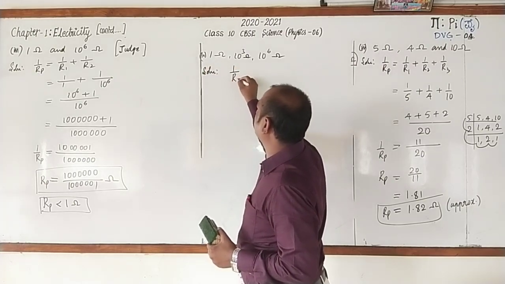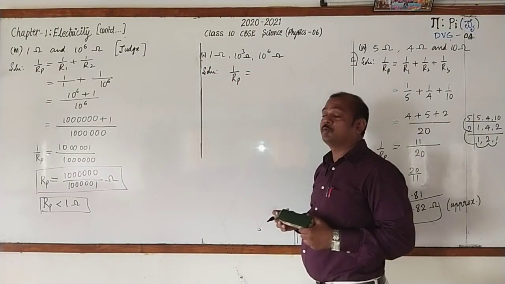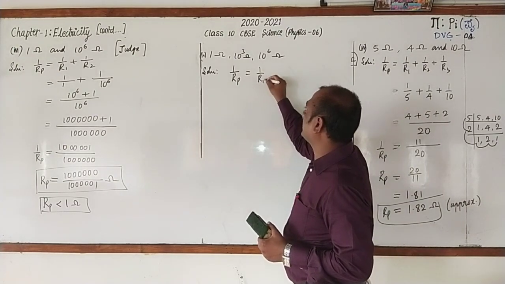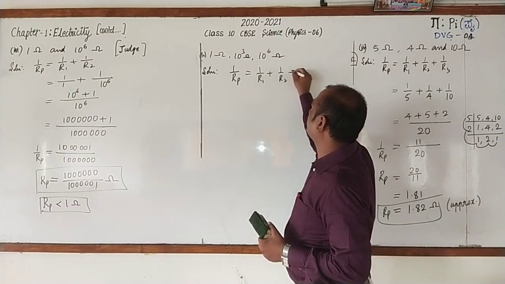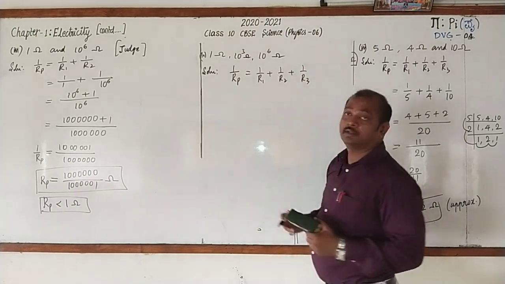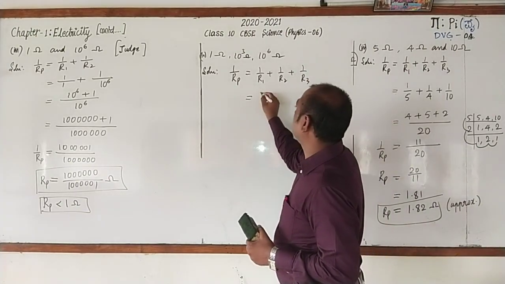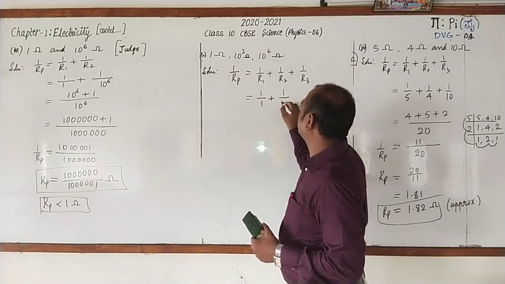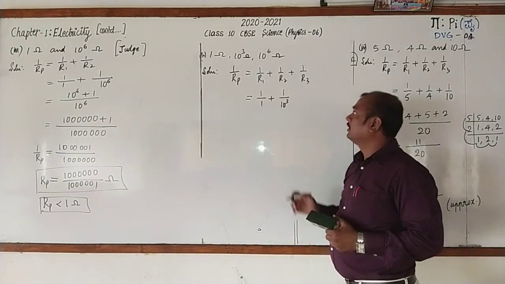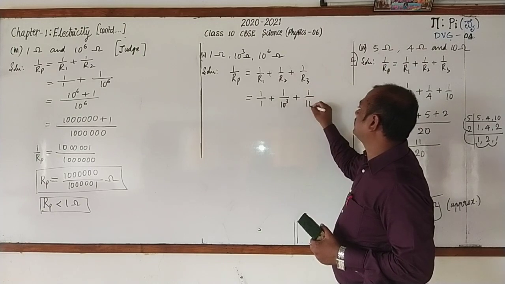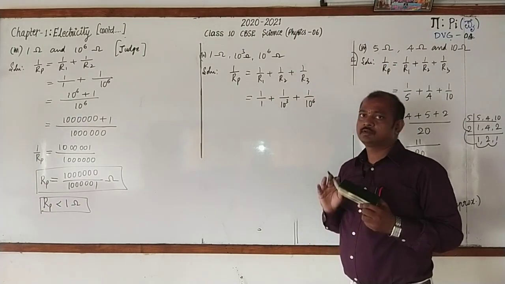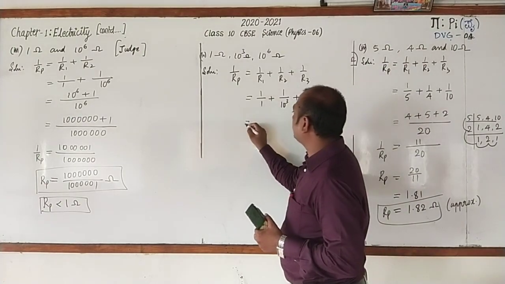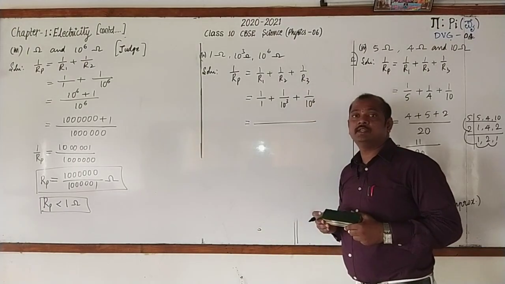As 3 resistors are given, you can write 1 by Rp equal to 1 by R1 plus 1 by R2 plus 1 by R3. Let us substitute. What is R1? 1. R2, 10 raised to the power 3. R3, 10 raised to the power 6. Clear?